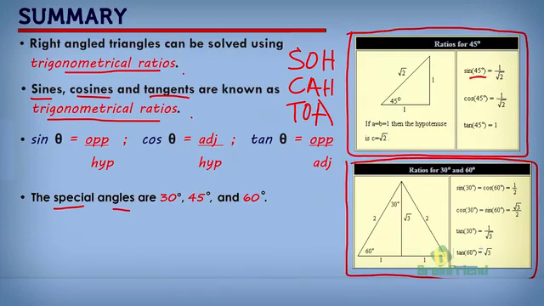We determined that sine 45 degrees is 1 over root 2, cos 45 degrees is 1 over root 2, tan 45 degrees is 1. We also said sine 30 degrees is the same as cos 60 degrees, which is half, or 1 over 2. Cos 30 degrees is the same as sine 60 degrees, which is root 3 over 2. Tan 30 degrees is 1 over root 3, and tan 60 degrees is root 3.